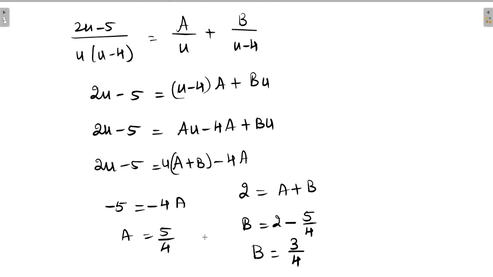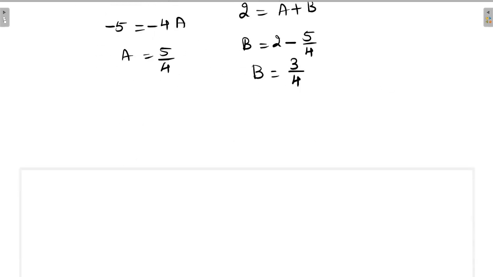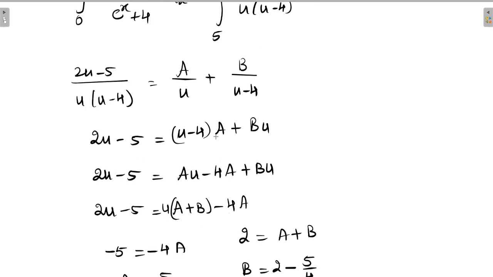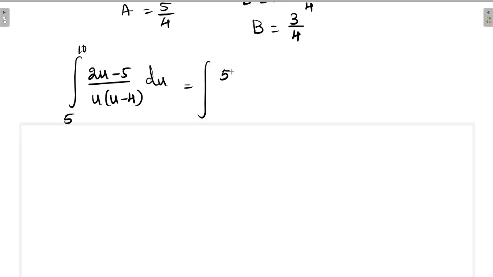Okay. Now we found the value of a and b. Let's replace this value in the partial fractions. So the integral 5 to 10 2u minus 5 by u into u minus 4 into du is equal to integral 5 by 4u plus 3 by 4 times u minus 4 into du within the limit 5 to 10.